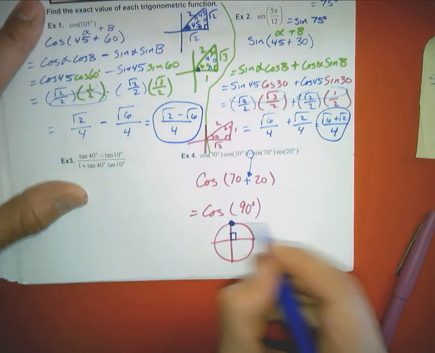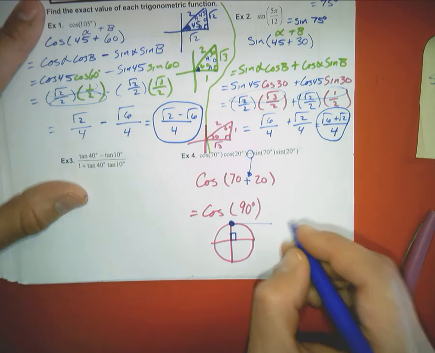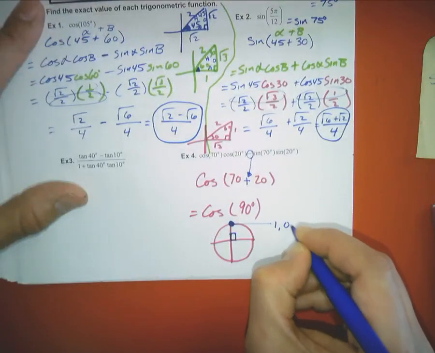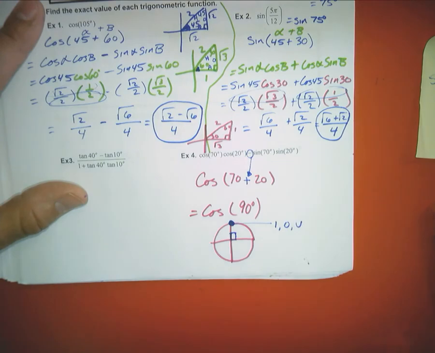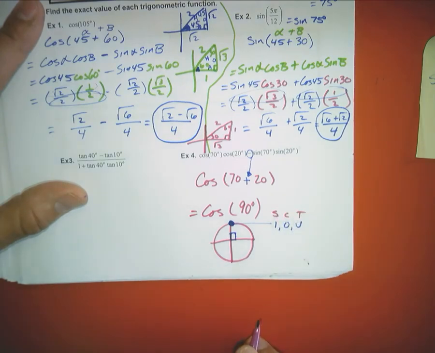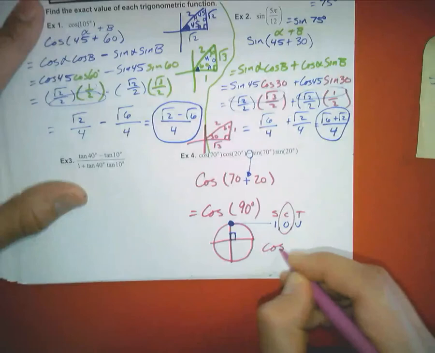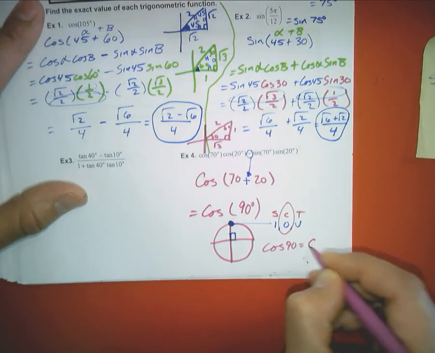We need to know these three numbers. What are those three numbers? Again, that's in terms of SOHCAHTOA. So at 90 degrees, what's cosine? 0. So the final answer: the cosine of 90 or pi over 2 is 0.